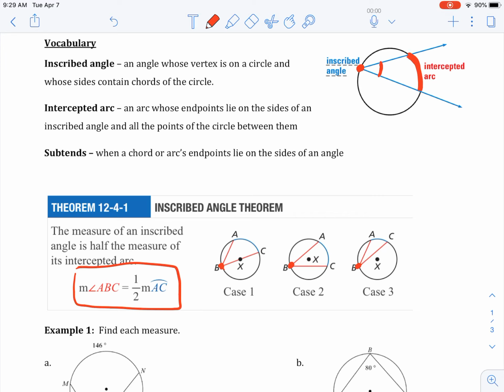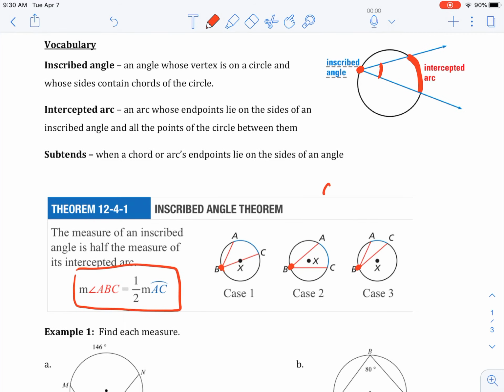It could surround the center, or it could be above or below the center. So it could look different, but the important part is the vertex B is on the edge of the circle. So again, your angle will equal half of your arc, and that's what the box that I circled says. So angle equals half of arc.